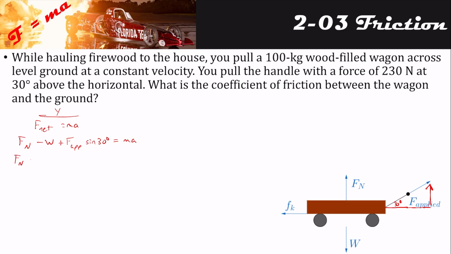Let's find the normal force. The weight is mg. The applied force, let's see, how about our acceleration? It's a constant velocity, so there's no acceleration. The mass is 100 kilograms. g is 9.8.